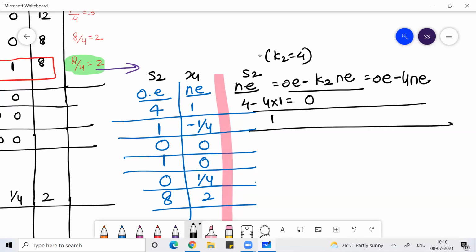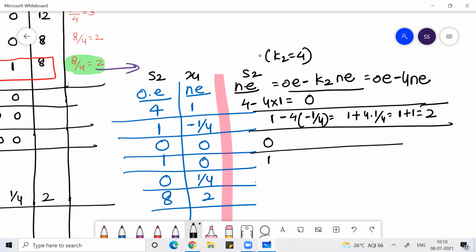The next one is 1 minus 4 into minus 1 by 4, that is 1 plus 1, which is equal to 2. The next one is 0 only. The next one is 1 only, because this is 0.